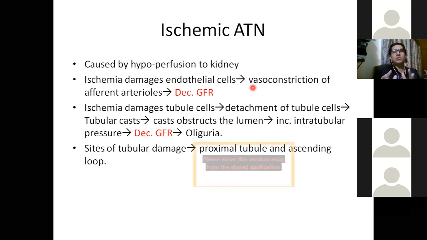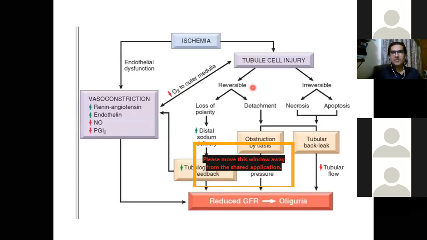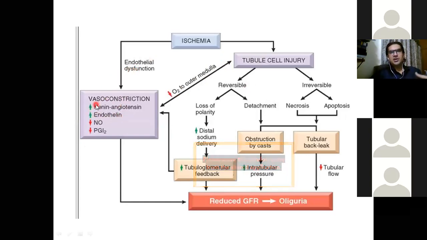So I repeat one more time. That is, ischemia leads to endothelial dysfunction. Endothelial dysfunction leads to increased production of vasoconstrictors, which leads to constriction of the afferent arteriole, which leads to decreased GFR, right? On the other hand, ischemia causes damage to the tubular epithelial cells.